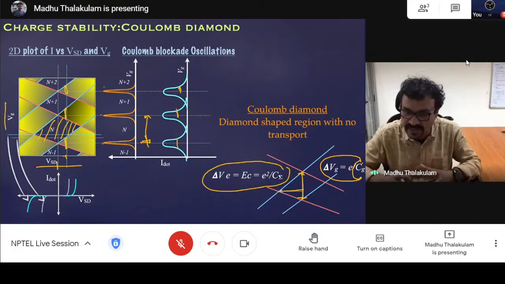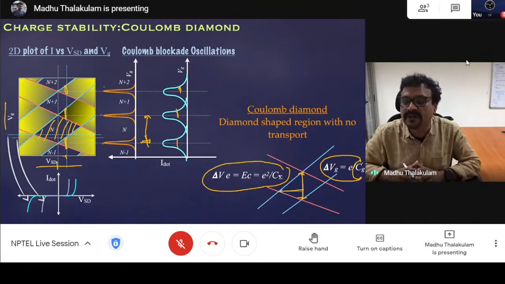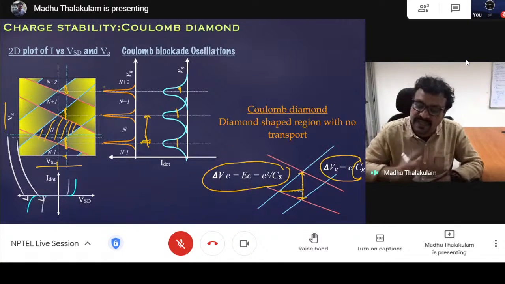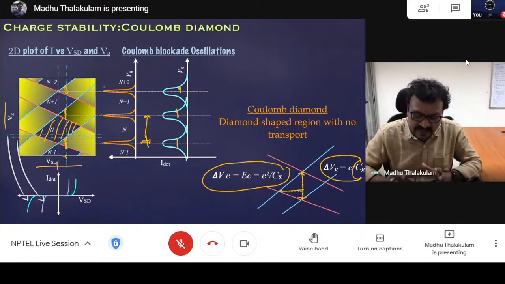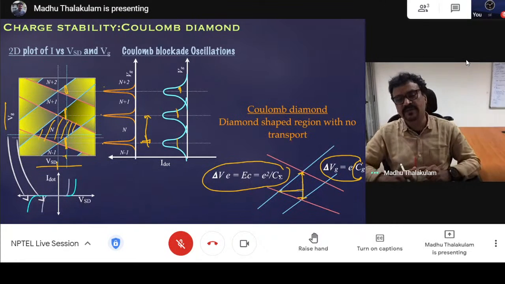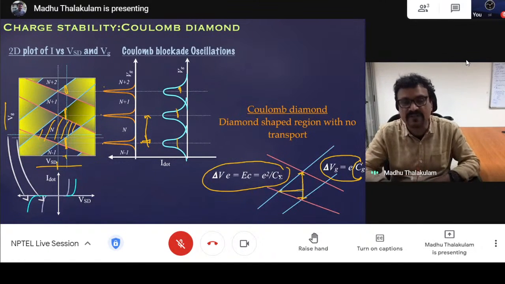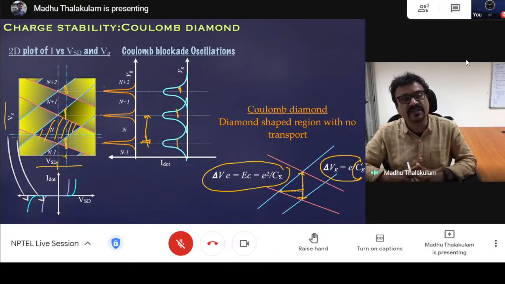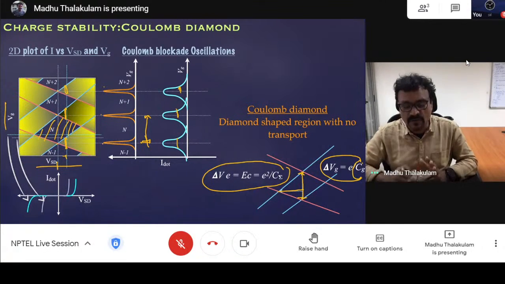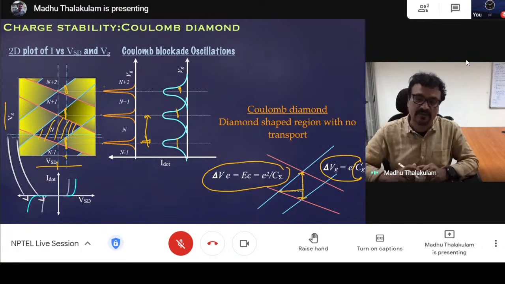If you are using multiple gates to form the dot, you can get the capacitance on each gate. That is basically a measure of the shape of the dot. So you can get directly both the size and the shape of the dot just by looking at the dimension and shape of the Coulomb diamond plot.